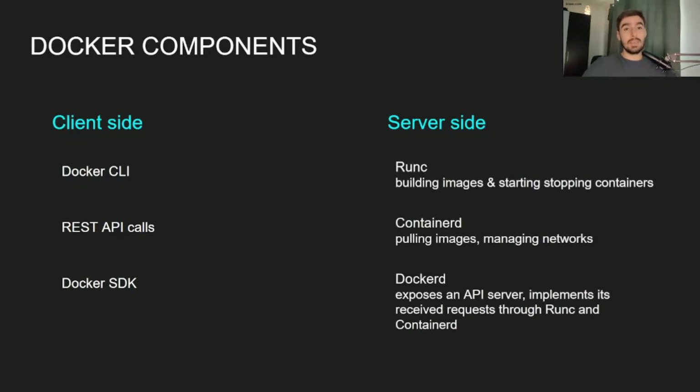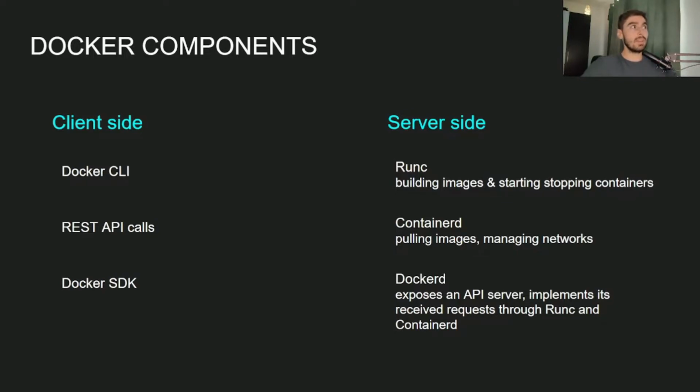And basically, the server side is composed of three big concepts. runc, which is specialized in building images and starting and stopping containers, and containerd, which specializes in pulling images, managing networks, and managing these Docker objects. And then there's dockerd, which exposes the API that you're actually integrating with.